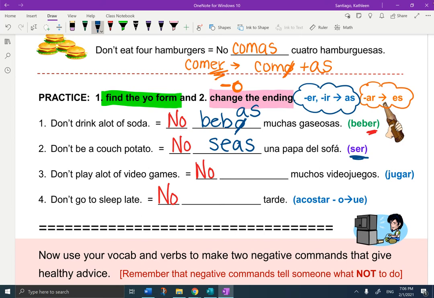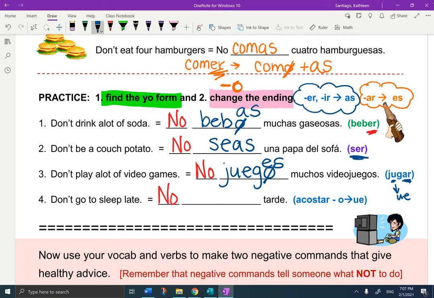Conjugate it first to the yo form. Yes, there's a stem change. It's U to UE. So the yo form would be juego. Chop off the O. It's originally an AR verb. ARs go to ES. No juegues muchos videojuegos.